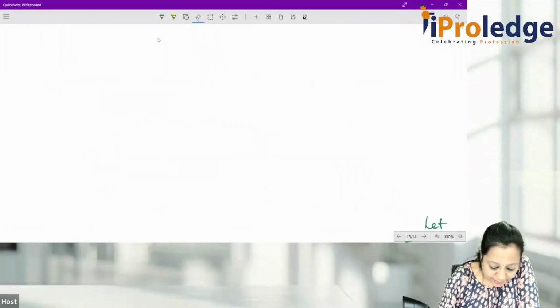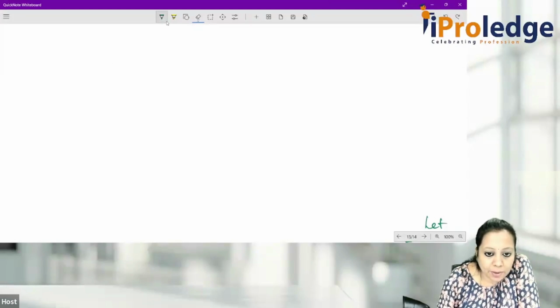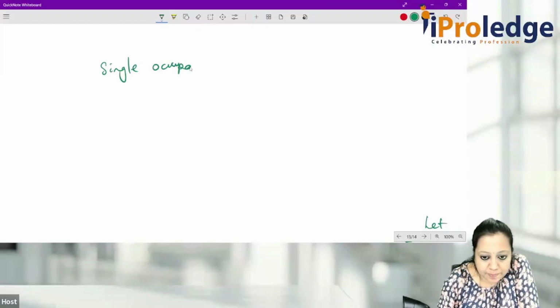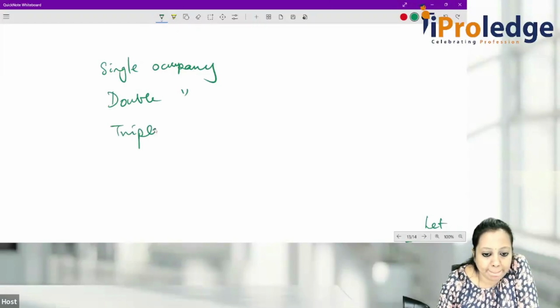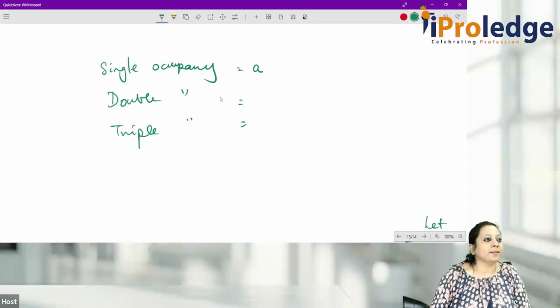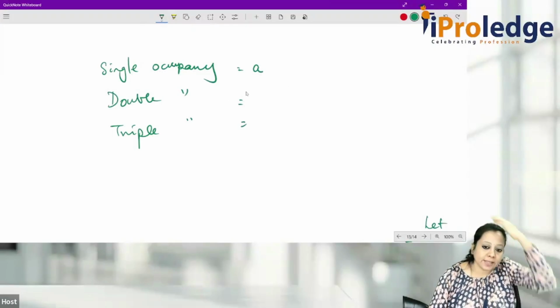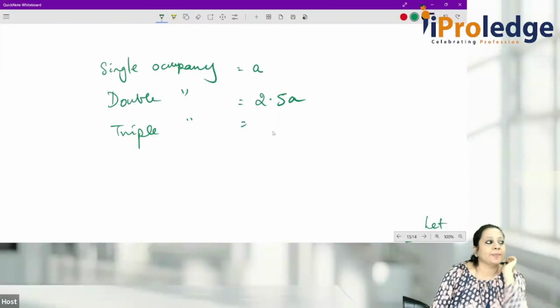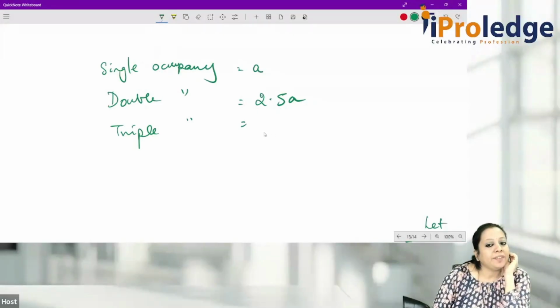Okay. So now, single occupancy, double, triple, as per the question. If this is A, because already we took X, I'm just trying to tell you in a different manner. If this is A, this will be 2.5A. Double of 2.5 is triple, correct?